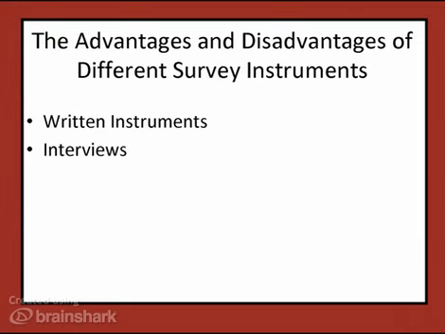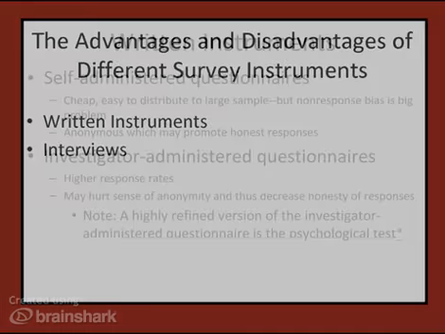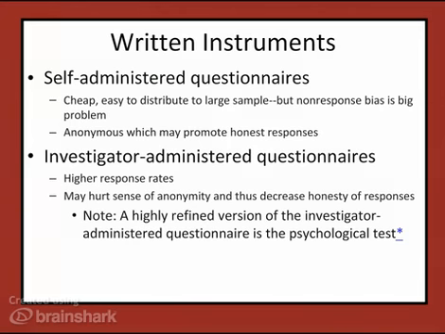Every instrument has an advantage and disadvantage, so you really need to think about what those are in the context of your research study and your target population. Surveys that are self-administered may be relatively inexpensive, may be easy to distribute to large samples. You may use a service like SurveyMonkey so that you are able to reach a large group.